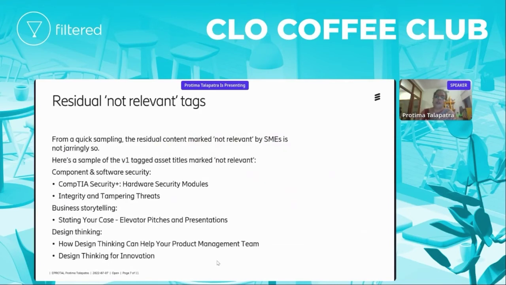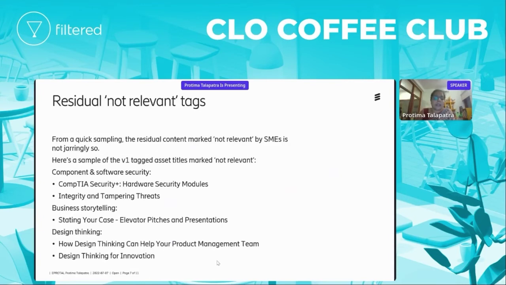Now, out of 1,067, we still had some courses which the subject matter experts said don't really match. So what were these courses? For security, there were courses like hardware security. For business storytelling, there were courses like elevator pitches and presentations, which for Ericsson, or for our target audiences, did not make sense.